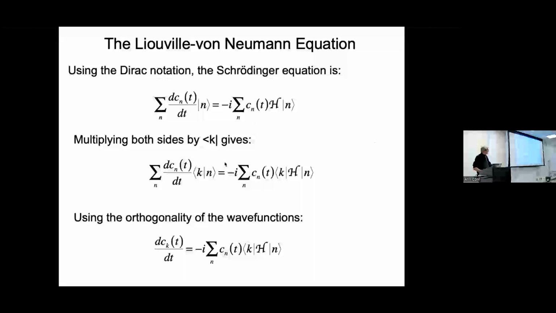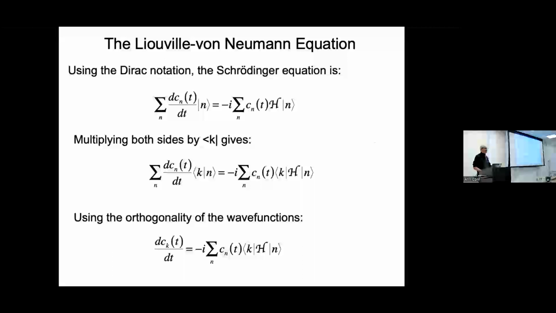And my trick in these situations is always to multiply both sides by a bra. So here I've multiplied by the bra k, some other basis function. I've multiplied on both sides. Again, numbers commute, so I can move it to the outside. I have to be careful. Things that are matrices don't commute. So I always have to pay attention to whether I'm allowed to commute things, but numbers always commute with everything else.